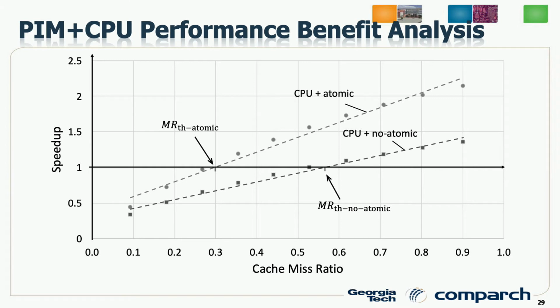But because the CPU, or even the GPU, was trying to increase MLP, they generate memory requests all in parallel. When it sees these atomic operations, it starts to drain the pipeline and executes all these atomic operations in serial. So there is a huge performance overhead just from operating atomic operations in the CPU.